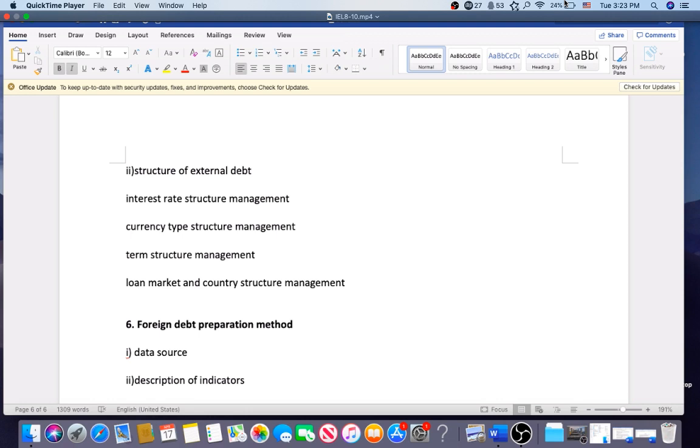The third is we should ensure the balanced distribution of debt repayment. Try our best to avoid borrowing a large debt with the same maturity in the same period and to prevent the excessive concentration of principal and interest payments from aggravating the debt repayment pressure of a country.